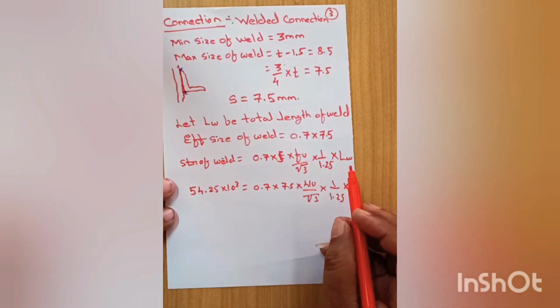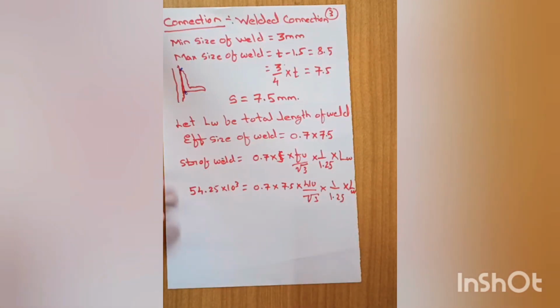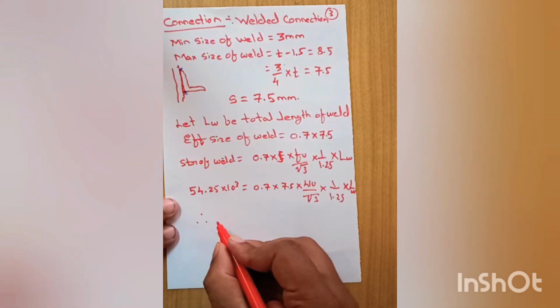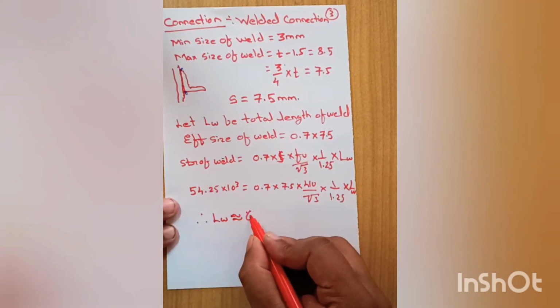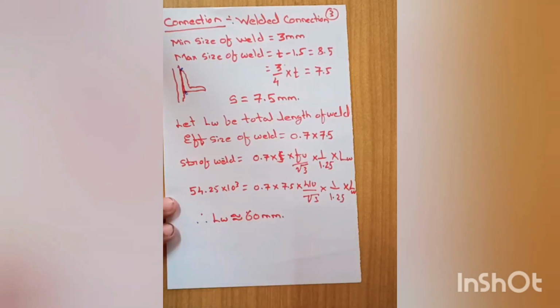So by solving this, we will get the length of the weld, which comes around approximately 60 mm.